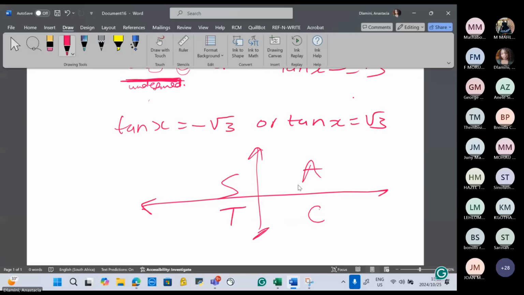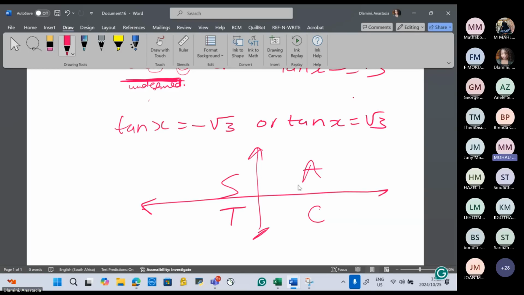So we're going to first determine the value of x, which is x equals arctan of root 3, which equals 60 degrees.